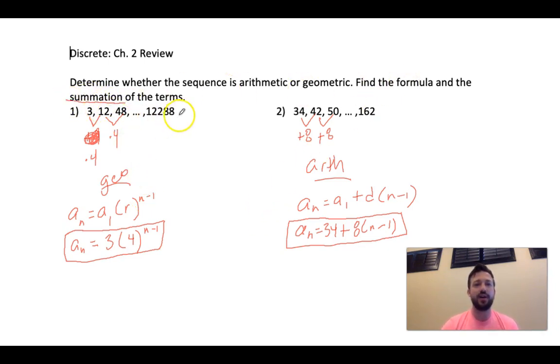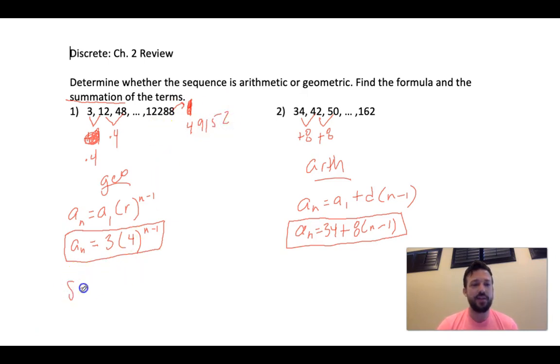The last one is determine the summation of the terms. On geometric, remember I have to find the next term, right? So it's going to be 12,288 times 4. So my next term is 49152.